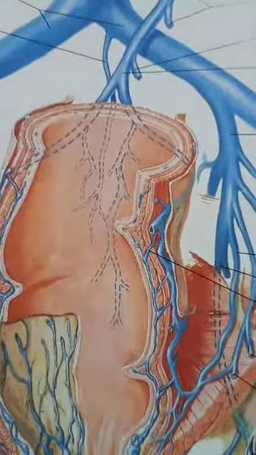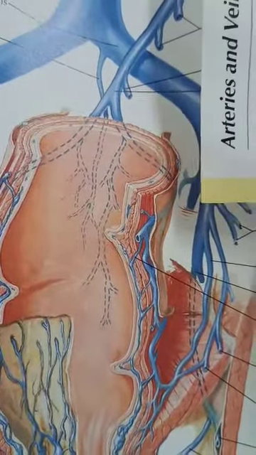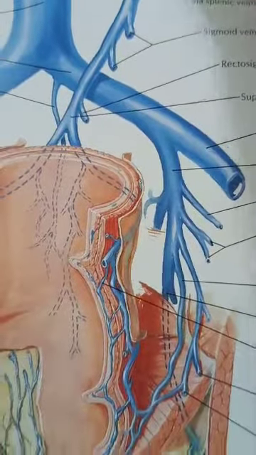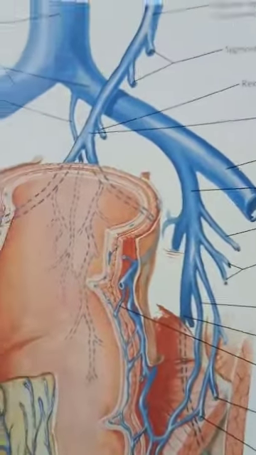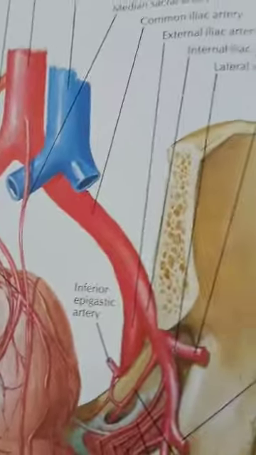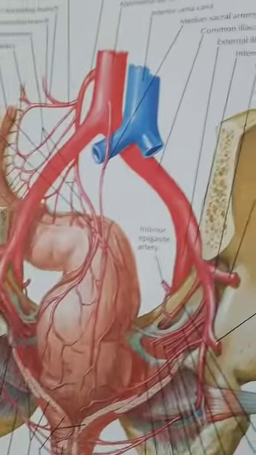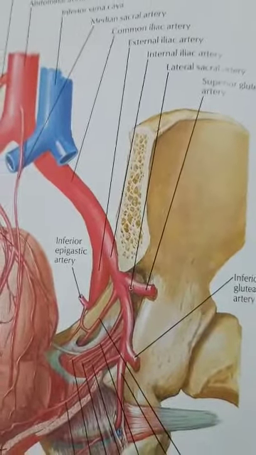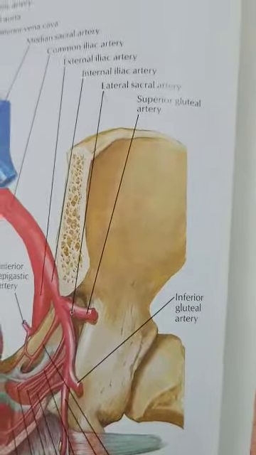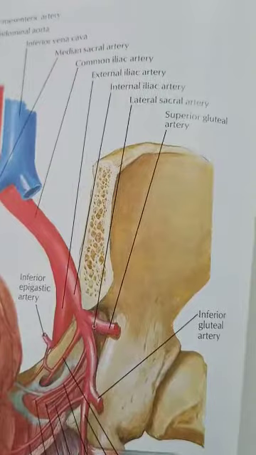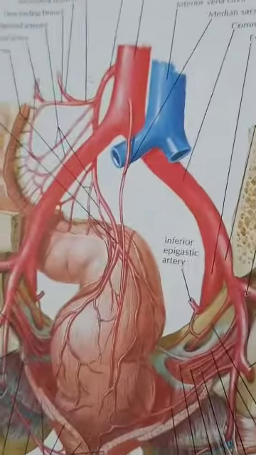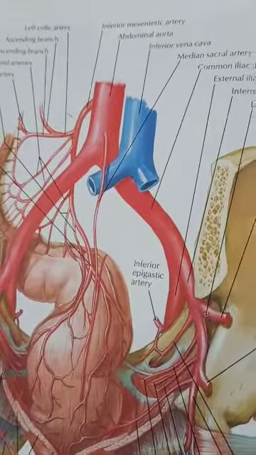Then nerve supply: both sympathetic and parasympathetic. Sympathetic is from L1, L2 segments, and parasympathetic from S2, S3 and S4 segments.